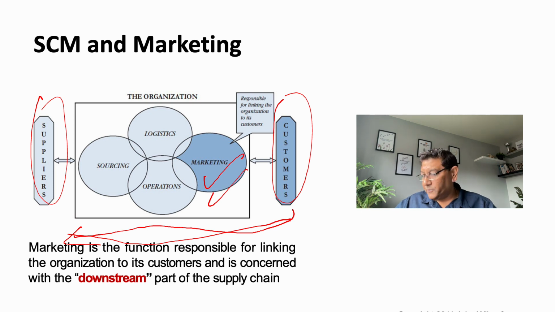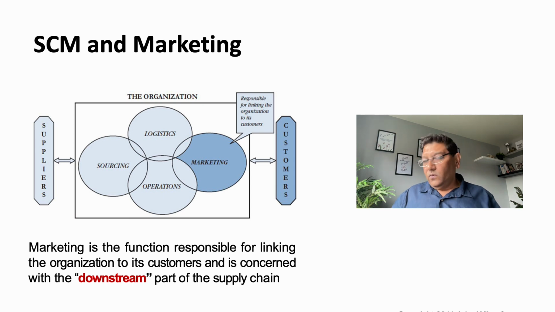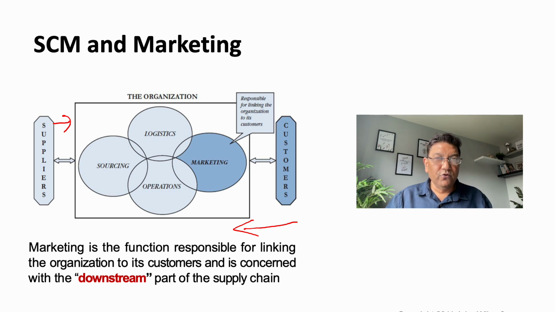So how does that work? In the traditional way our supply chains used to start from the suppliers towards the customer, but nowadays our supply chains start from the customers towards the suppliers, because customers are the people who are going to use our product and services.